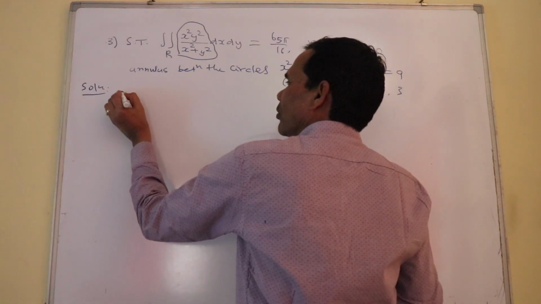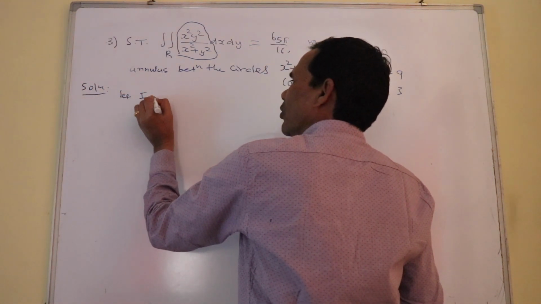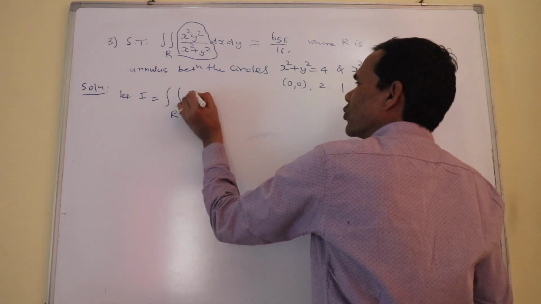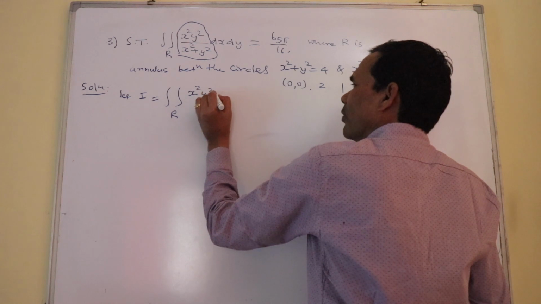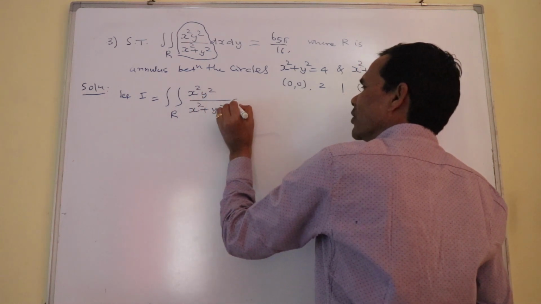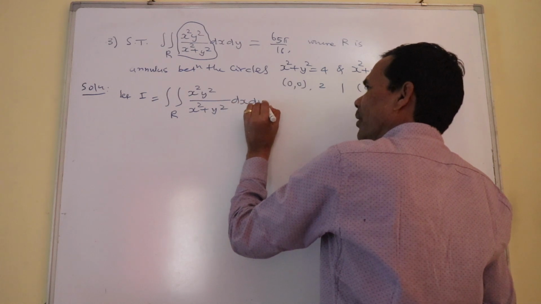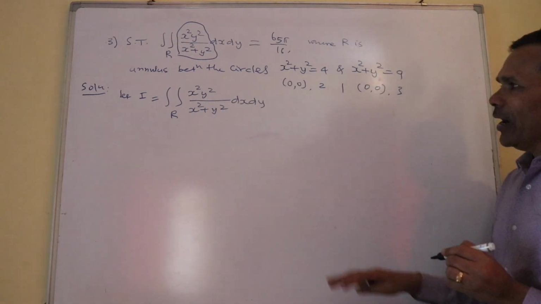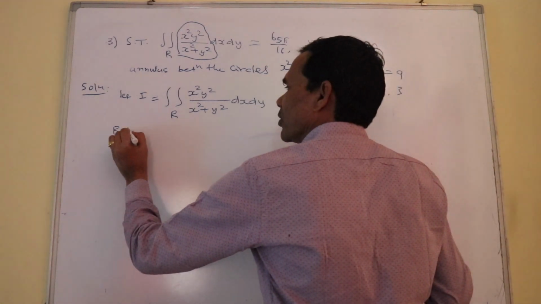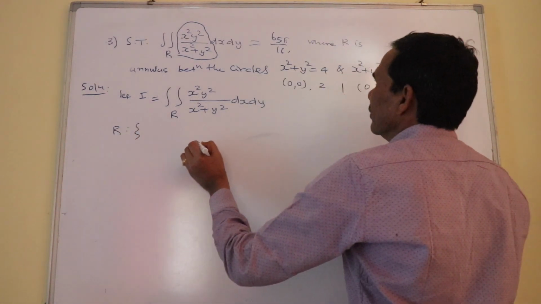Let I be the double integral over R of x square y square divided by x square plus y square, dx dy, where R is the annulus.